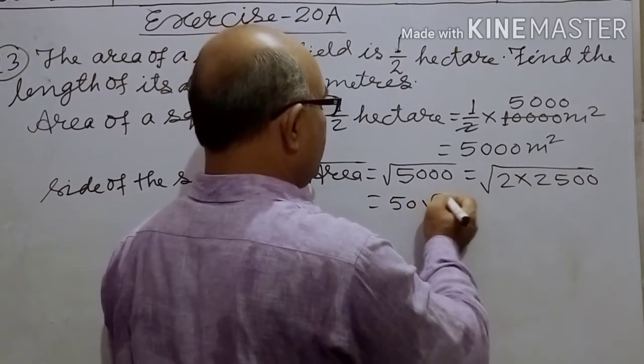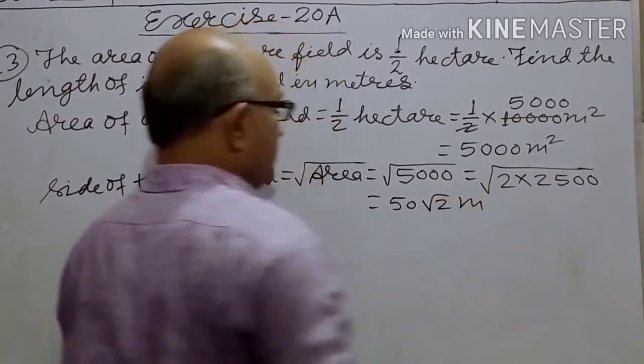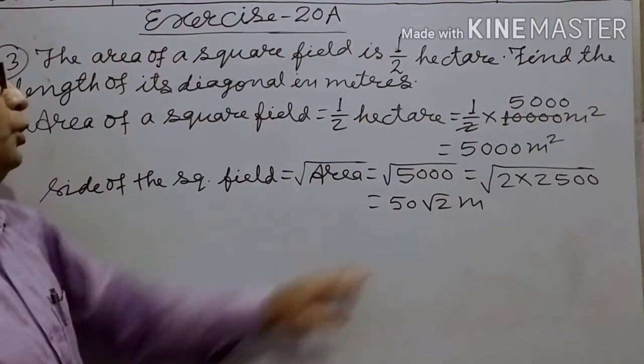So that means 50 root 2 meter. Side of the square field is 50 root 2 meter.